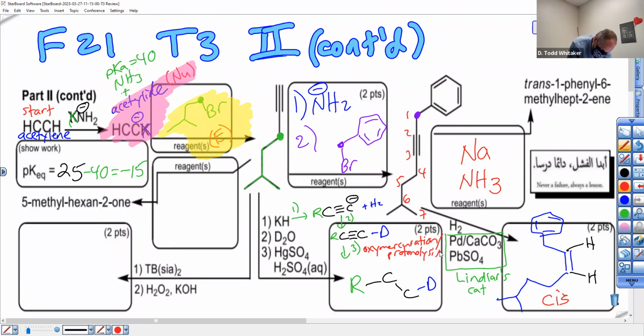Protonolysis puts a H where the mercury was. There's an original H here. You get an enol here in red. It was an enol with an OH, but it underwent a tautomerization, oops, to become a ketone. That's a ketone.